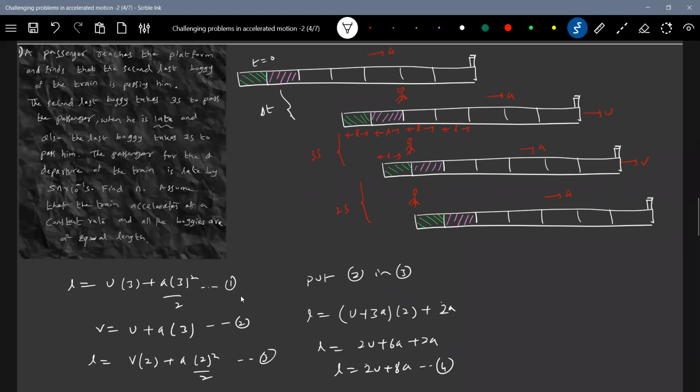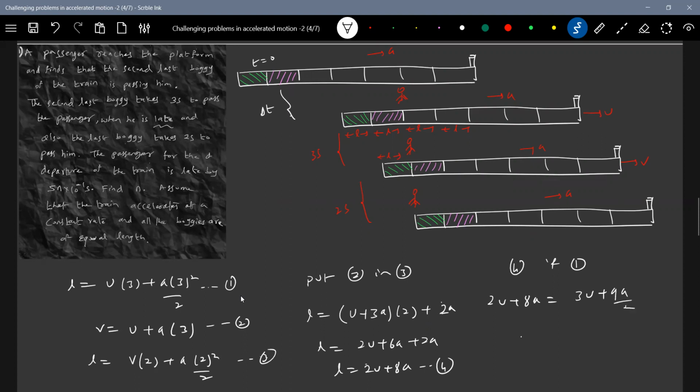Now by equating 4 and 1, we'll get a relation between u and a. So 2u plus 8a is equal to 3u plus 9a by 2.